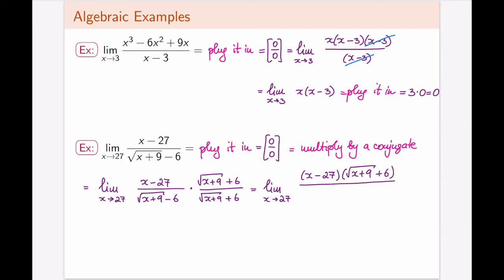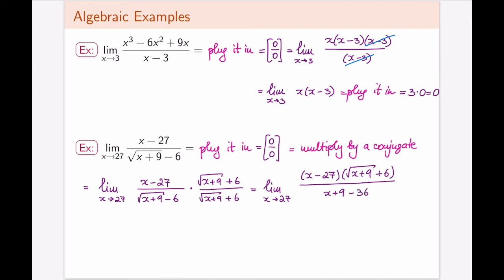So if you are unsure of how to do it, look it up in the pre-calculus refresher. But essentially, if you have two different terms, this is kind of like a minus b, and this is a plus b, the multiplication will result in a squared minus b squared, the difference of squares. So the first term squared, square root of x plus 9 squared, will simply result in x plus 9, minus the second term squared, 6.